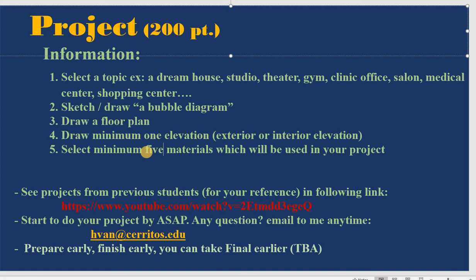For example, you use shingle or tile on the roof, or customized stone or veneer stone outside of your house, or what color on the interior wall, or steel inside, the wood or the concrete, something like that. Just show me a minimum of 5 materials that you can use for your project. You can do a lot of them, but the minimum is 5.